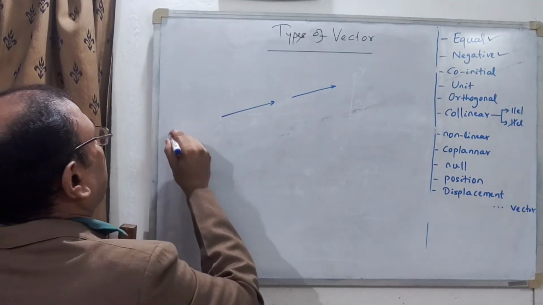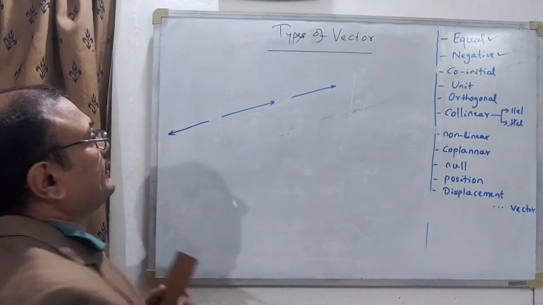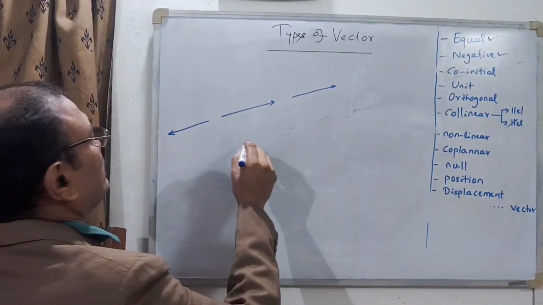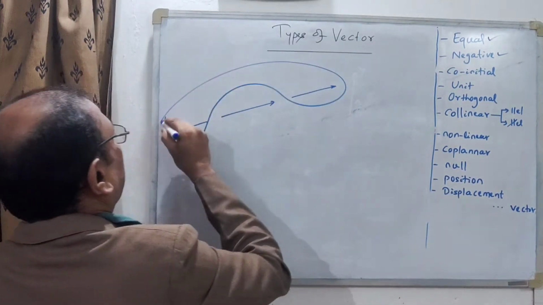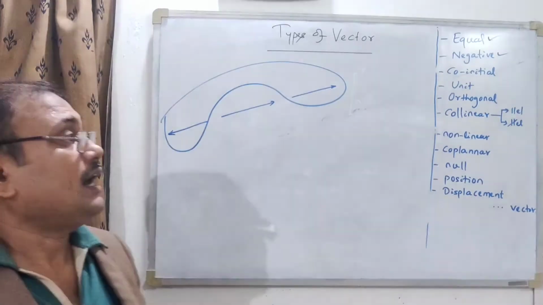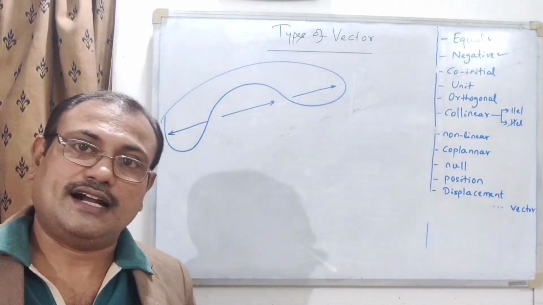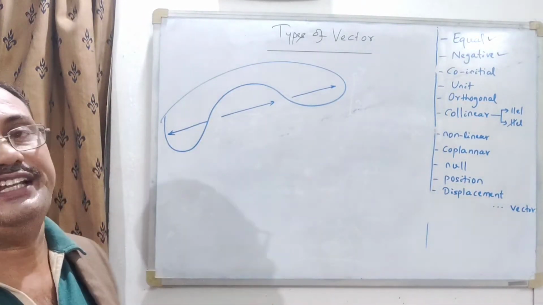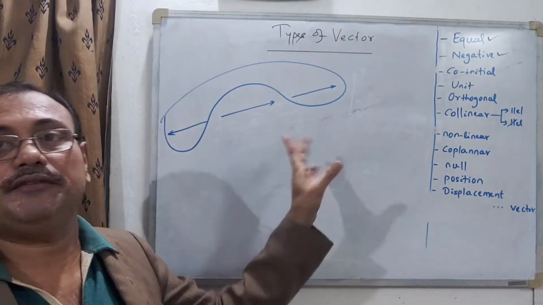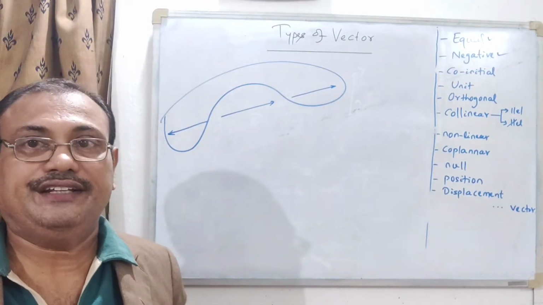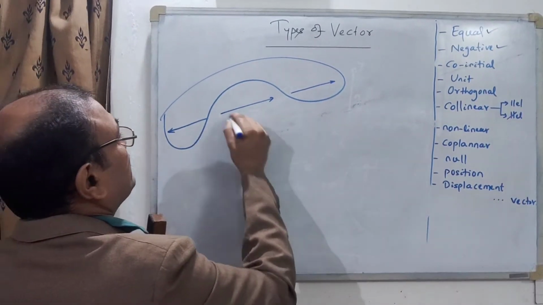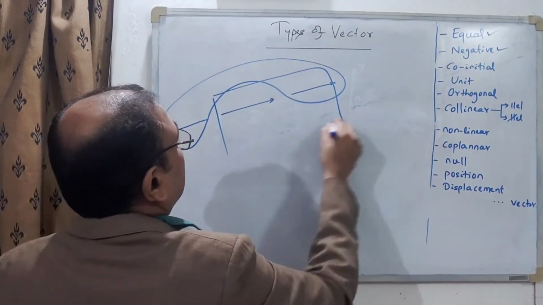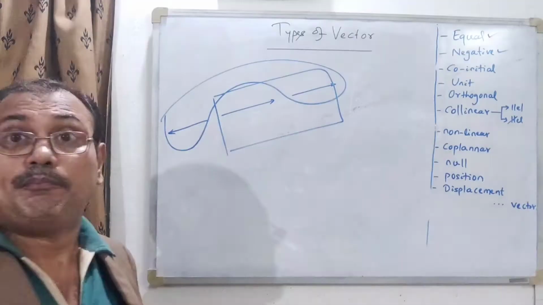For example, if I take three vectors like this, these are antiparallel vectors which are collinear, and all three vectors are collinear in nature. Similarly, I can say these two vectors are parallel vectors.